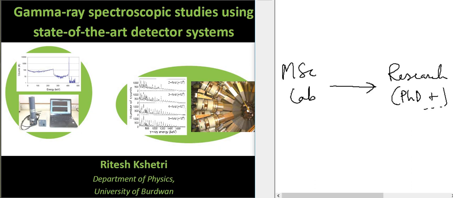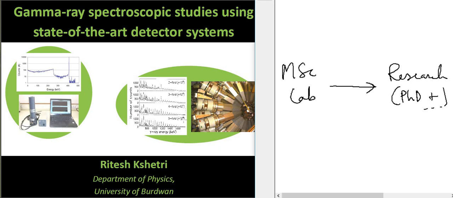Now on this side of the screen you can see a typical gamma spectrum experiment using a sodium iodide scintillation detector, which is this one, and you are seeing the spectrum after preamplifier, amplifier, discriminator in the laptop. This is a very simple setup, and you do this in MSc Advanced Lab as a part of your MSc curriculum.